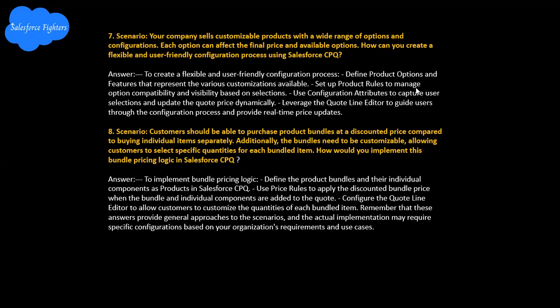Set up product rules to manage options, capability and visibility based on the selections. Use configuration attributes to capture user selections and update the quote price automatically. Leverage the quote line editor to guide users through the configuration process and provide real-time pricing updates.